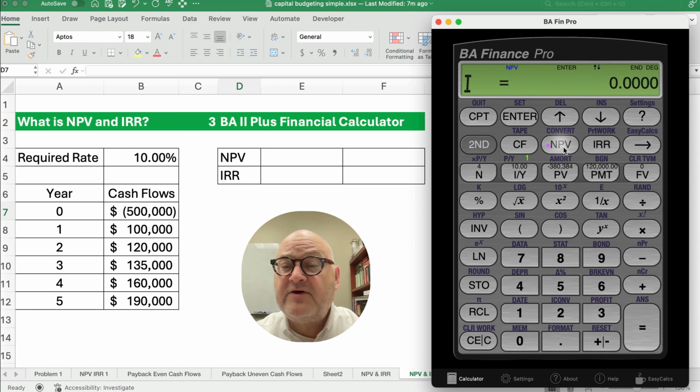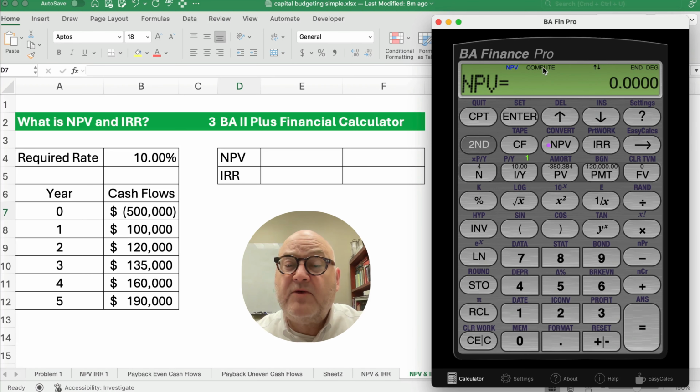Now we need to switch over to NPV. And for NPV, we need a required interest rate. It asks, what is our discount rate, or what is the required rate that we have to have? And here it's 10% based on the initial problem. Enter, and then down arrow, it says NPV is 0, but we want to compute.